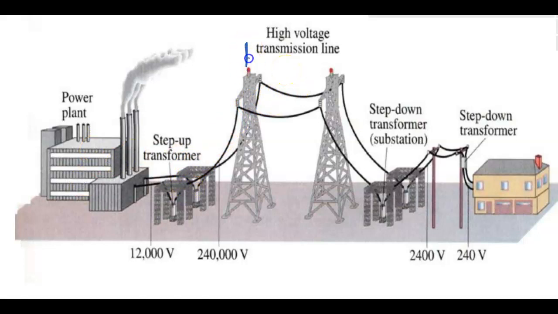Between here and here, you have several hundred kilometres. Sometimes it's greater. So you've got a large distance D there. And if you transmit a large current through those wires, those wires are simply going to get hot and you're going to lose energy.